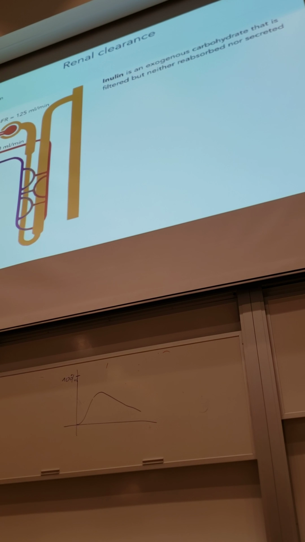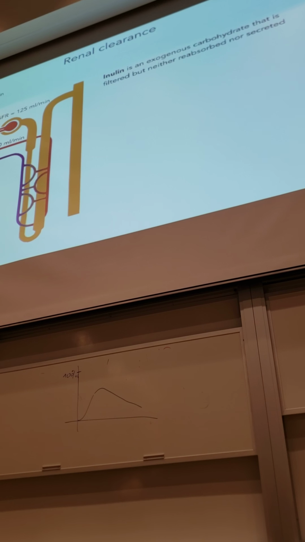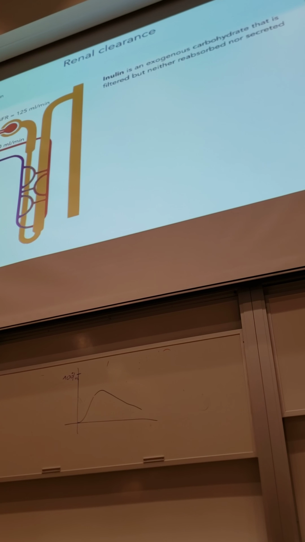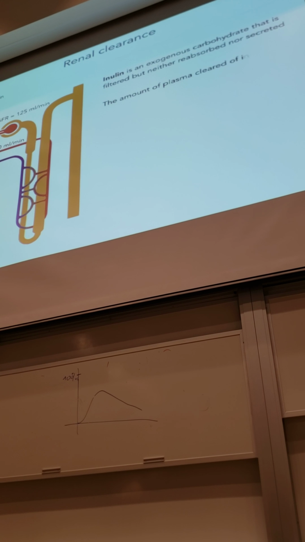So the clearance of this substance will tell us exactly what the GFR is. It's not reabsorbed, it's not secreted, so it's only telling us about that filtration function. Get it? So if we need to measure GFR, we can take advantage of this concept of clearance. Okay.